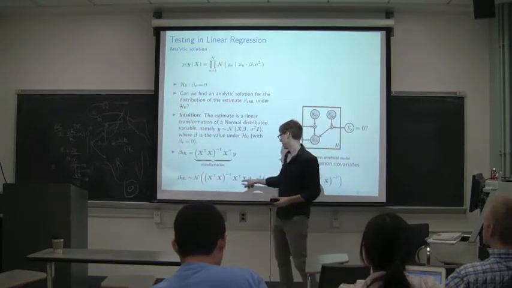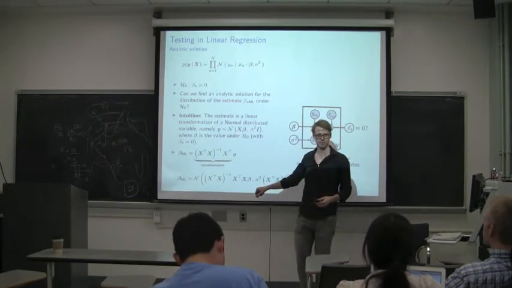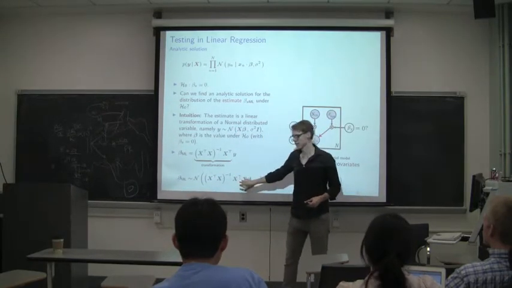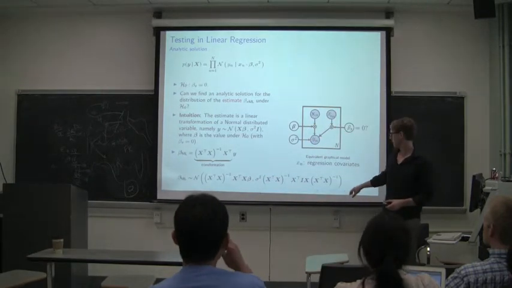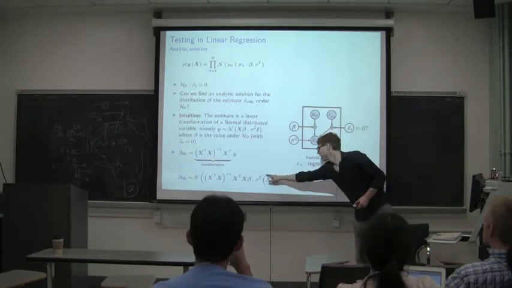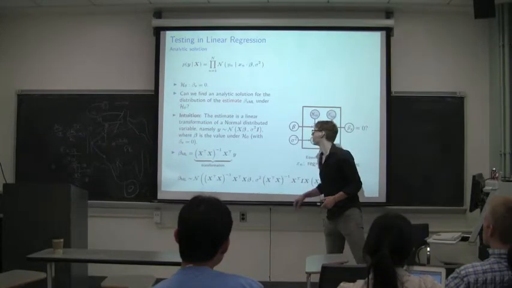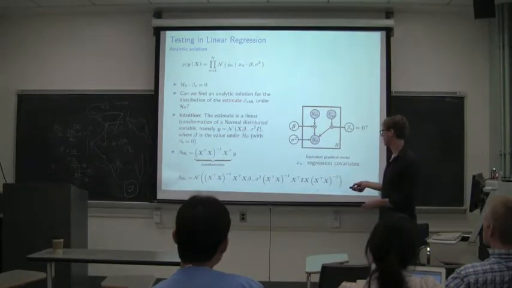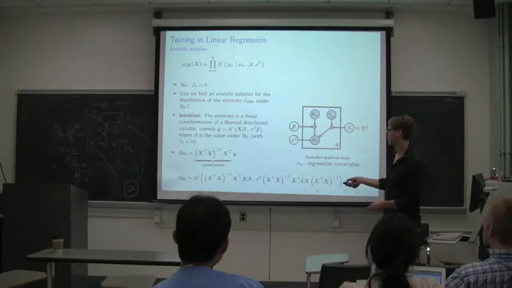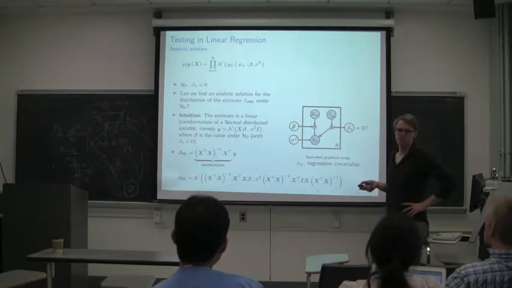So we see that the mean of the maximum likelihood estimate is just beta, because this cancels with this. Here you also have an x transpose x inverse and x transpose x. We are left with x transpose x inverse times the variance of y. Remember, this is the covariance of the whole vector of beta so far. It's not one entry, it's the whole vector, so it's all the regression weights.